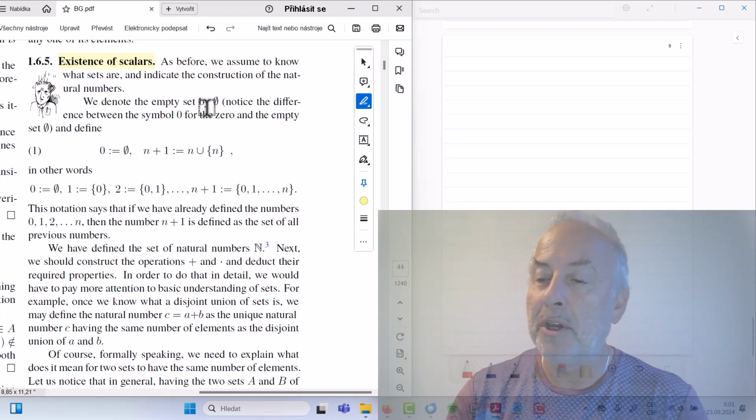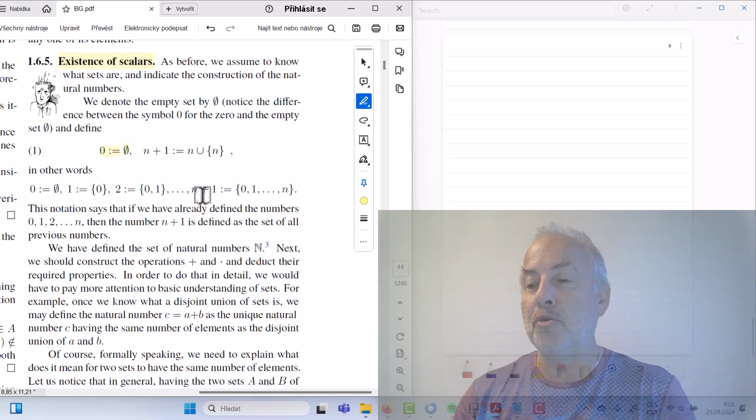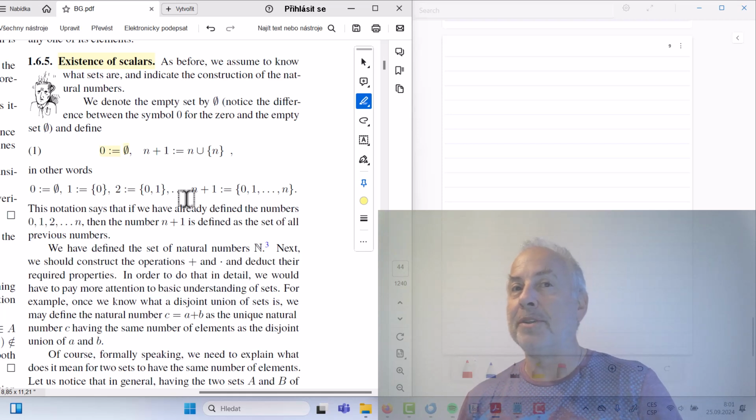So we start with an empty set. We assume that we know what an empty set is. That's always in mathematics like that. You always have to assume something and then you can deduce.